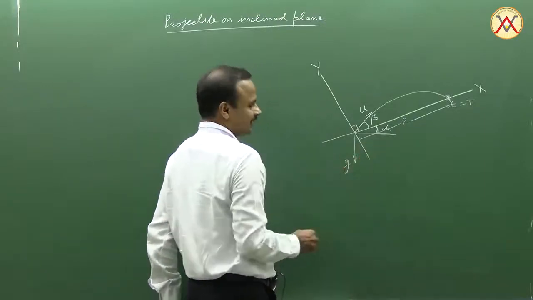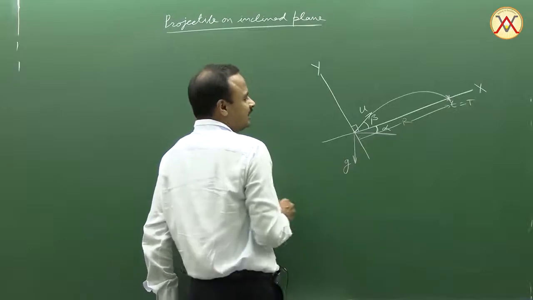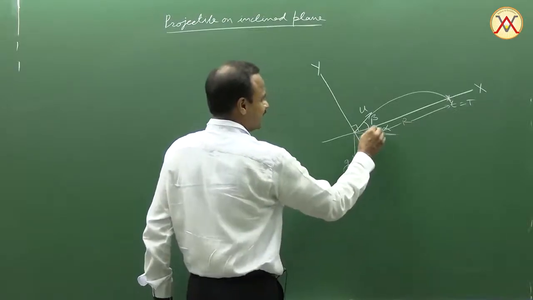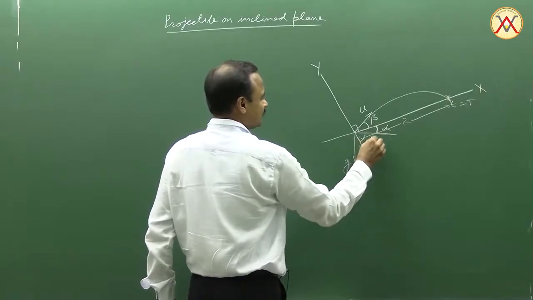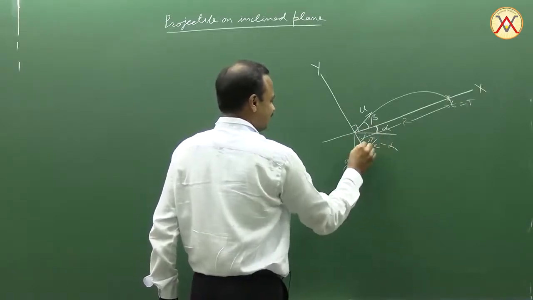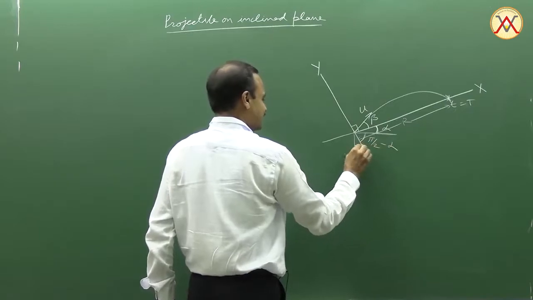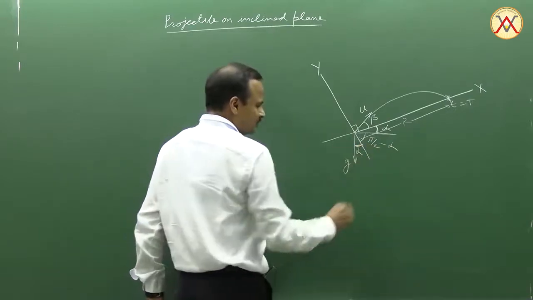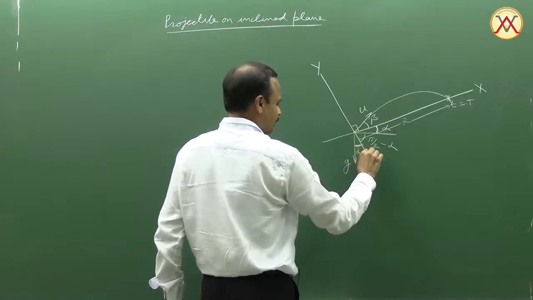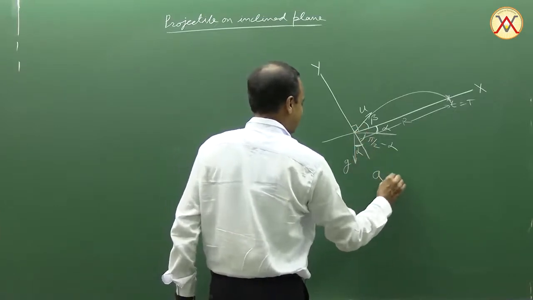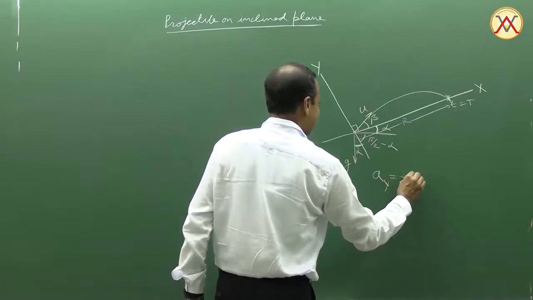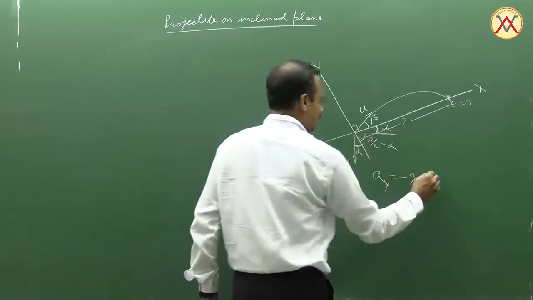We have to find x and y, both components. Here this angle is alpha, so the remaining angle is pi by 2 minus alpha. This angle again becomes alpha. So the y component of acceleration, capital Y, is negative g cos alpha.